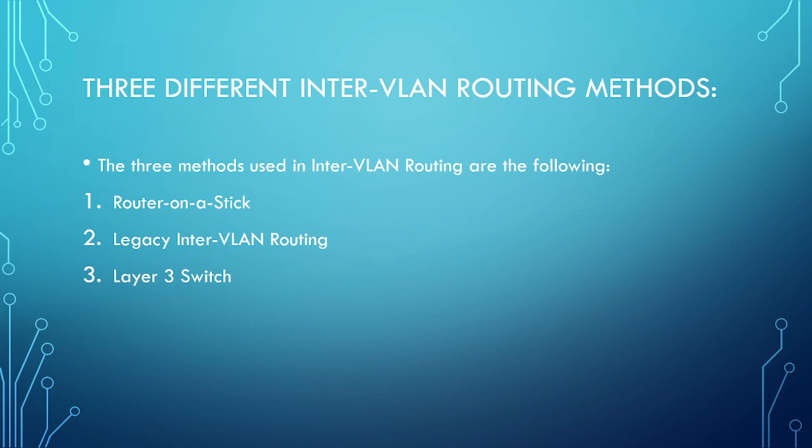This means that layer 3 switches can not only forward traffic based on VLAN IDs, but they can also consider other factors such as IP addresses and routing tables. This makes layer 3 switches a more powerful and versatile solution for inter-VLAN routing. Then, using a router on a stick or VLAN trunking, such as legacy inter-VLAN routing.